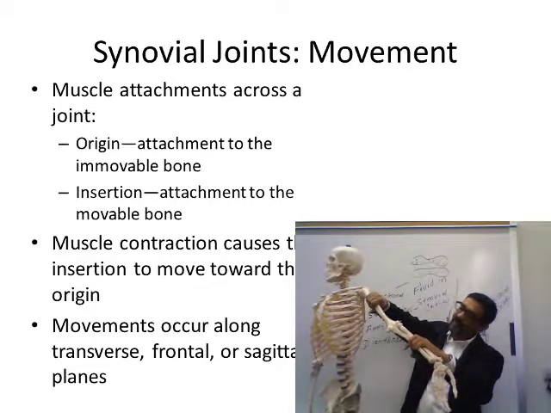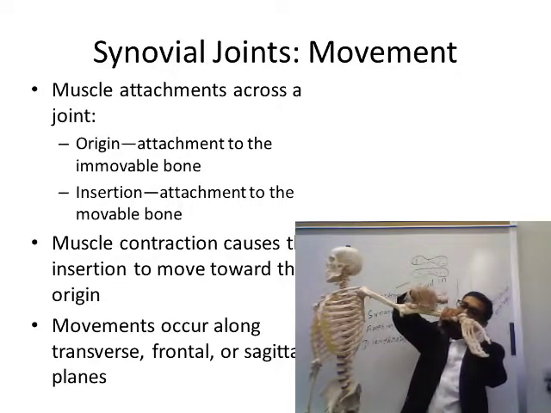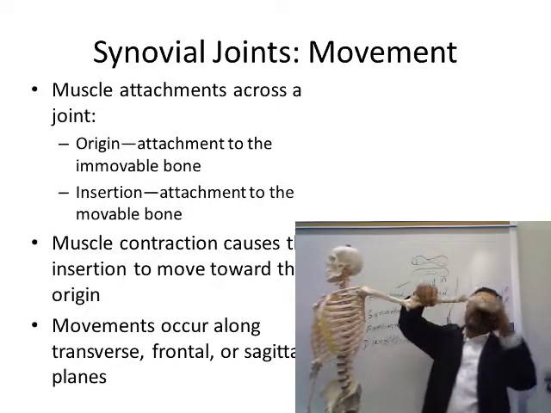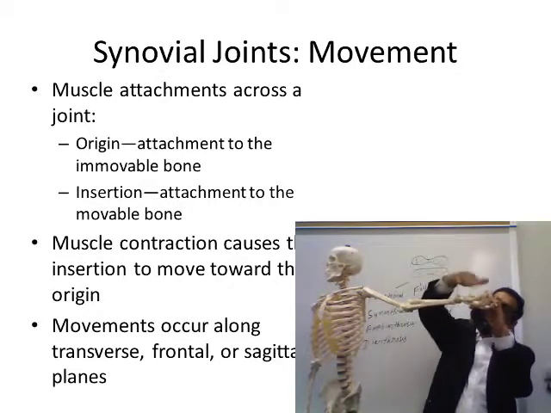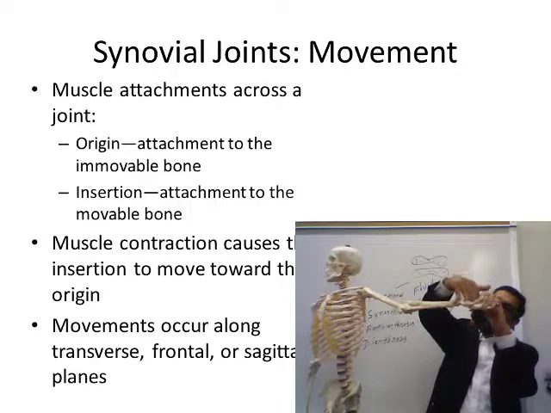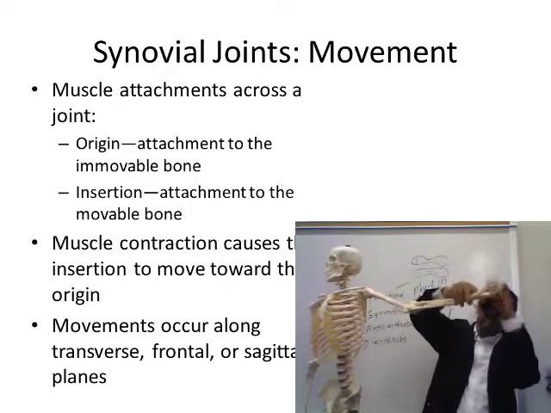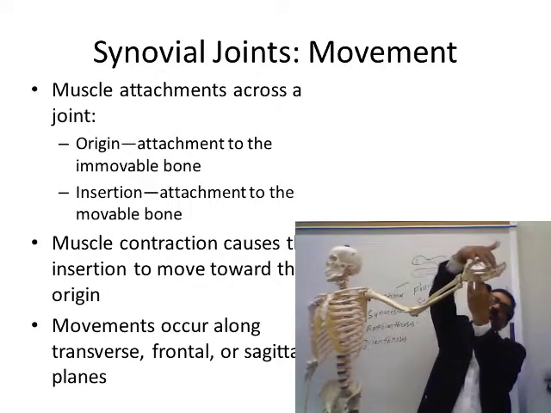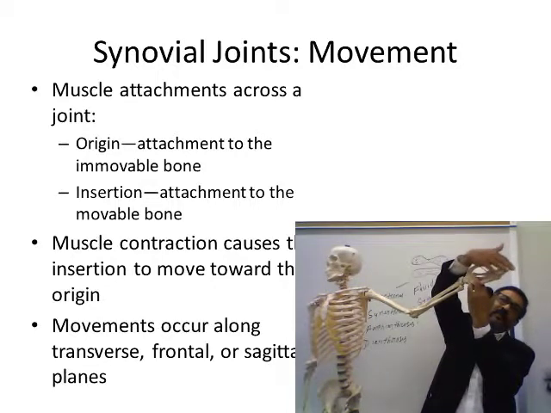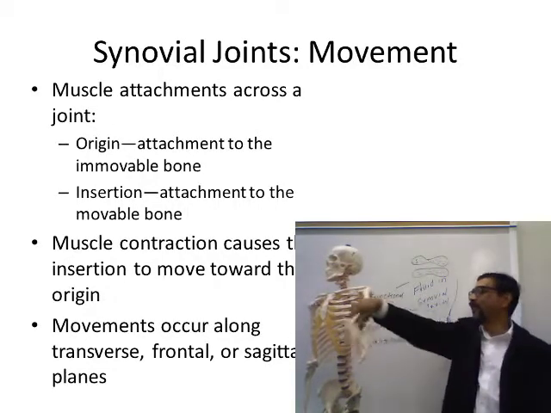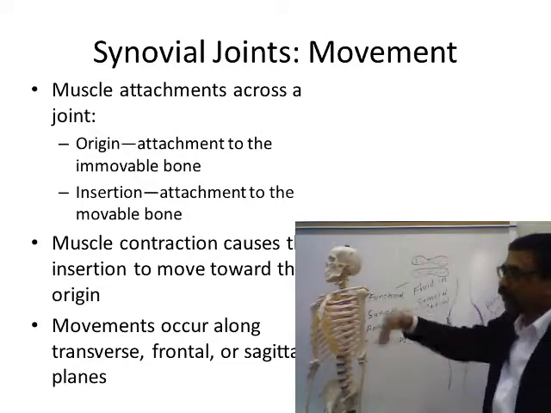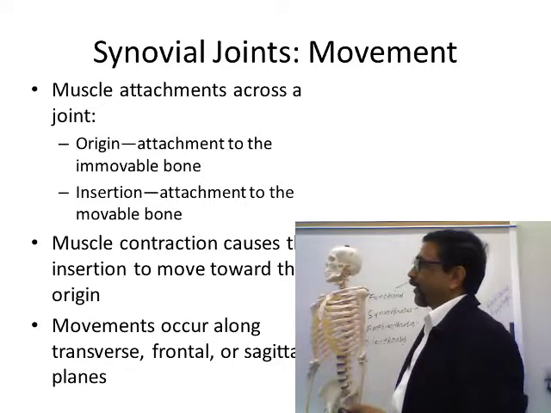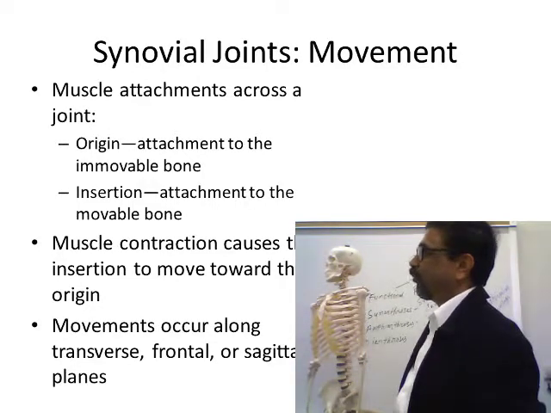Arm muscles cross the elbow joint and get attached to the forearm bones. Forearm muscles, you see here, cross the wrist joint and get attached to the hand. Make sense? Hand muscles cross the finger joints and get attached to the finger bones. So that's how the muscles are attached. They cross the joint and get attached to the next bone.